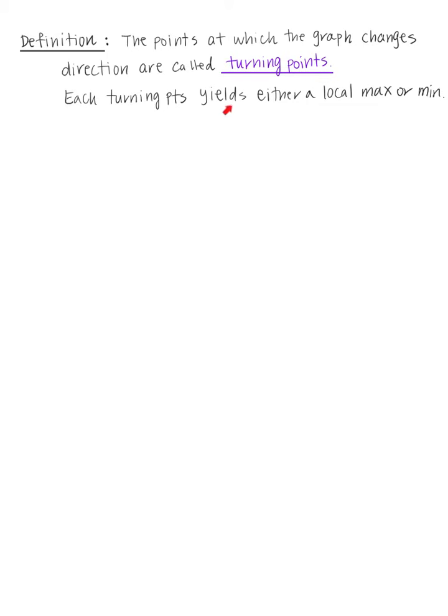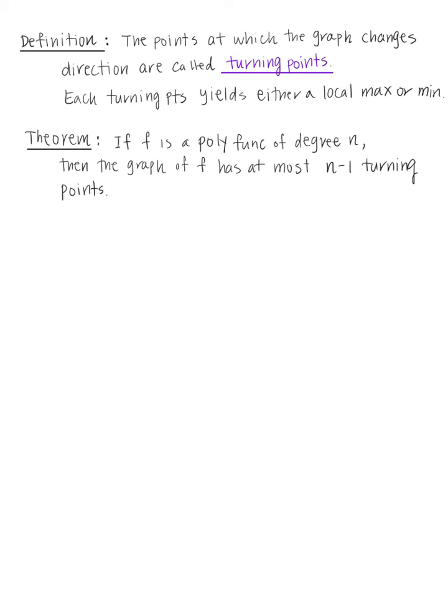Each turning point yields either a local maximum or a local minimum. And here is the big theorem. If f is a polynomial function of degree n, then the graph of f has at most n minus 1 turning points. So if it's degree 4, then the graph of f has at most 3 turning points. So it can be 3 turning points, 2 turning points, or 1, or none, which probably is not going to happen quite often.